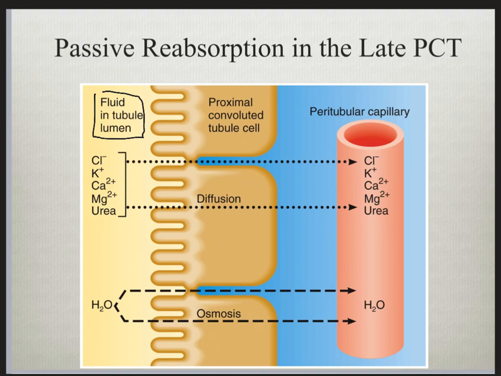It is all going to be diffused, so we use diffusion. And look at the routes. We're going through and in between the cells. We're not relying on any complex active transports, no symporters, no antiporters. We're simply diffusing into the interstitium and then reabsorbing it here in the peritubular capillary.